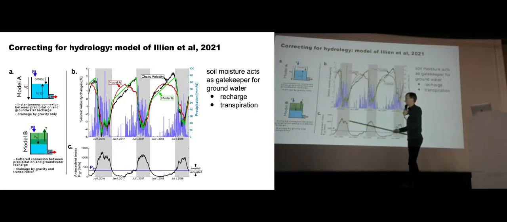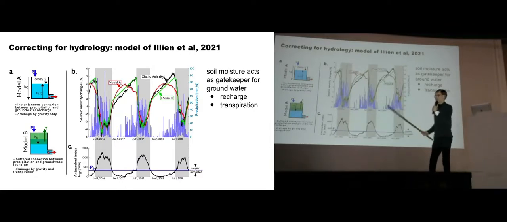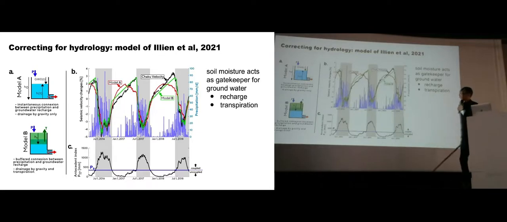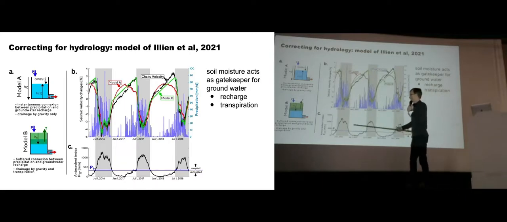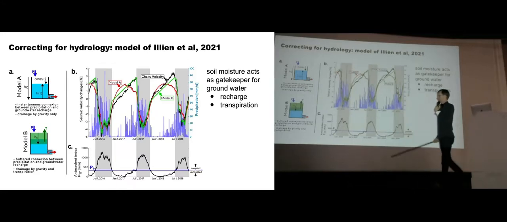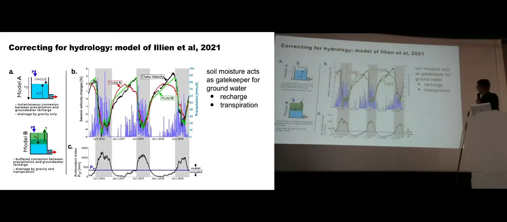So the gray areas are the ones when the environment is connected to the aquifer, and in the light parts here, it's basically the soil that takes up all the water and that also evaporates the water. So we have a two-stage system with connection through the soil or without. And this means that the soil actually acts as a gatekeeper for the groundwater recharge and for transpiration, so for the uptake of the vegetation.